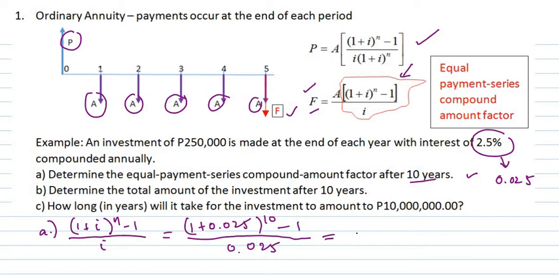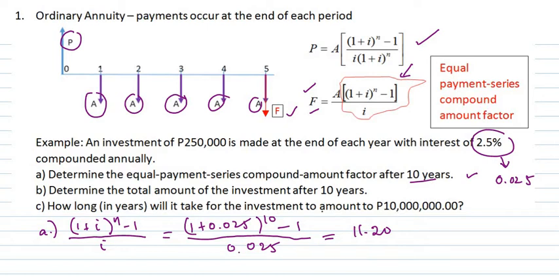That is equivalent to 0.1120, or if we convert it into a percentage, 11.25. If we use a calculator, that is equivalent to 11.20. So that is how we compute the compound amount factor.